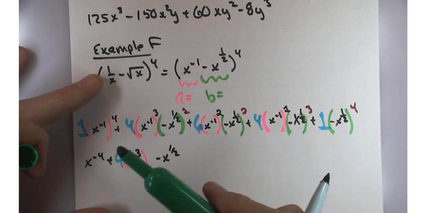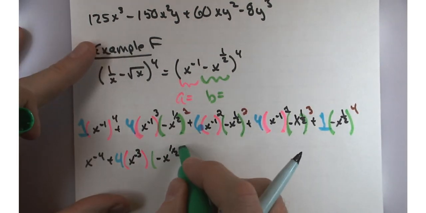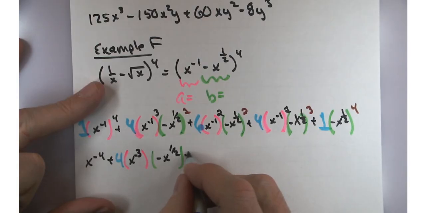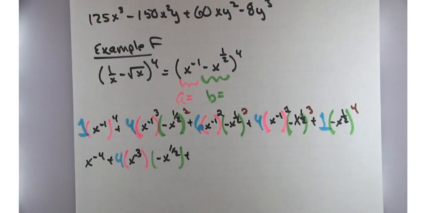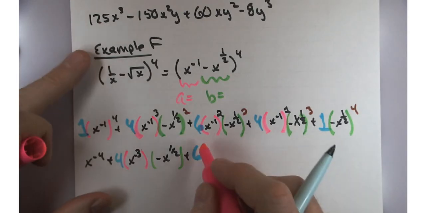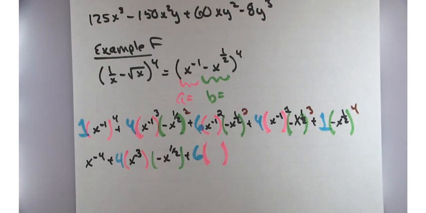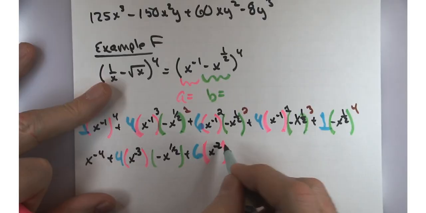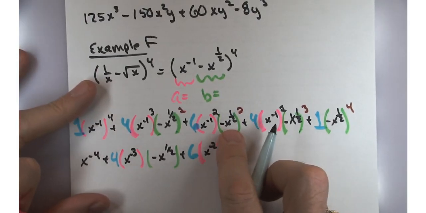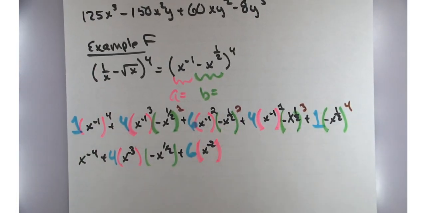Okay, so let's keep going. Plus 6. X to what power? X to the negative 2nd. What's going to happen when I square this term? X to the 1/2.